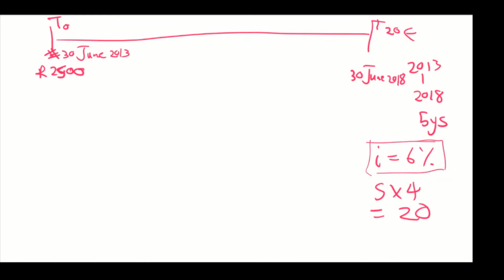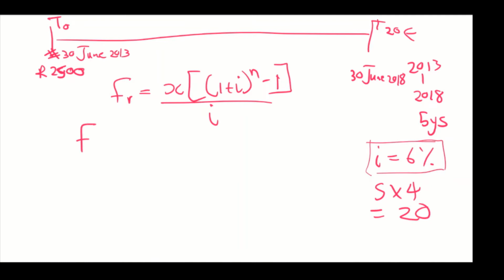So our future value formula, which is written like this: 1 plus i to the power of n minus 1, divided by i, right? So the future value is equal to, so we know the payment is 2.5, times 1 plus our interest rate, 0.06 quarterly. And what is our n? Remember that it started off immediately at T0, right?